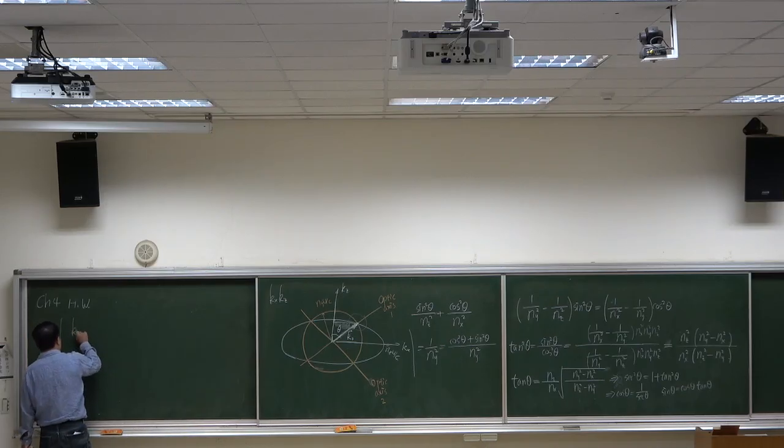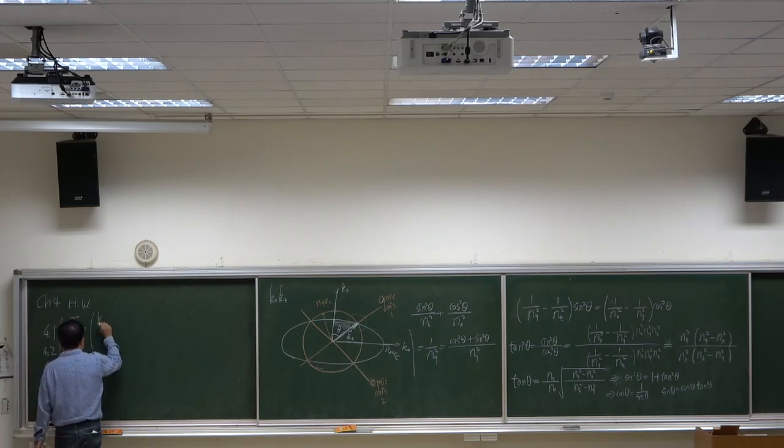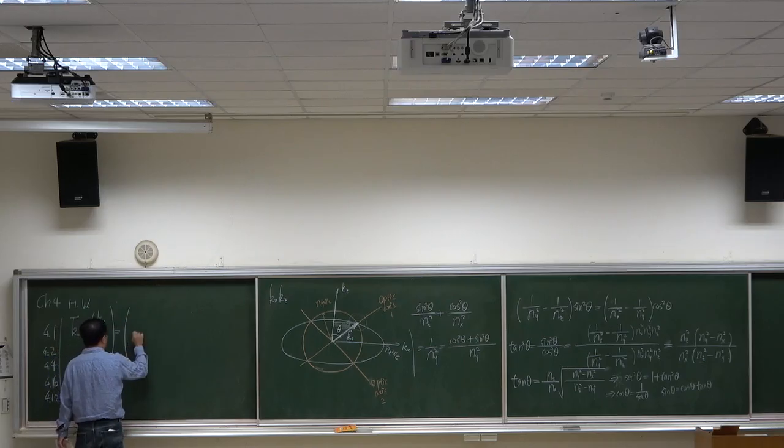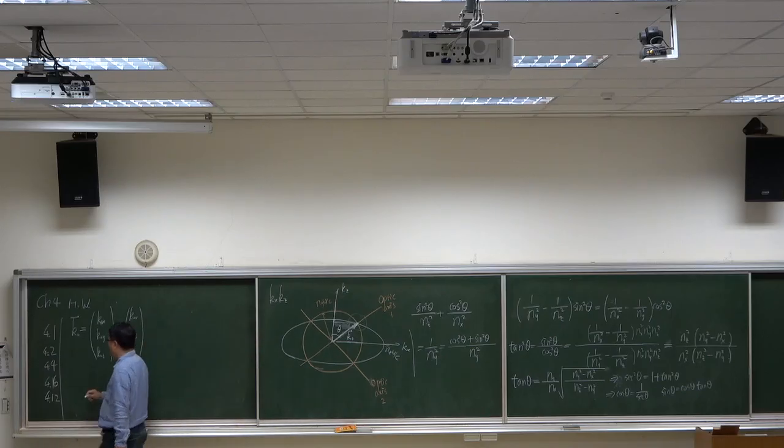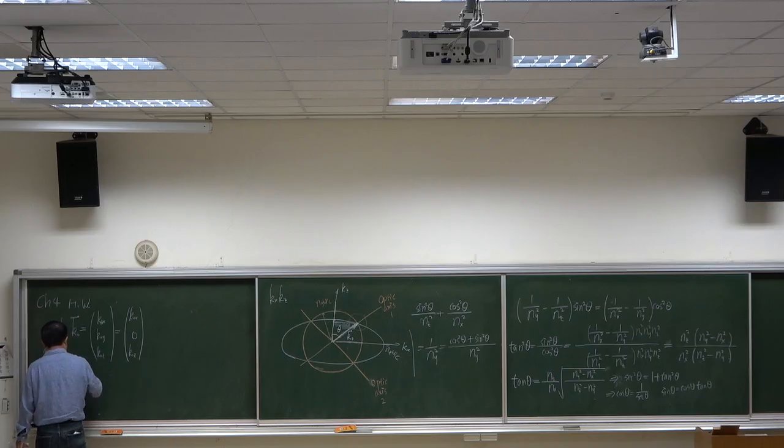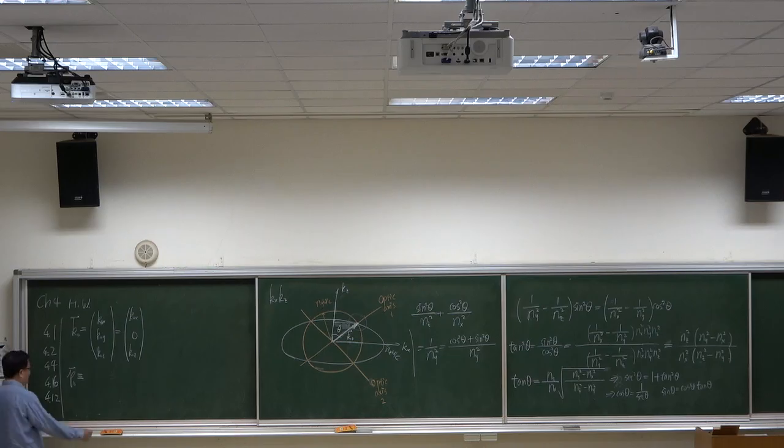First, we know that K0 is written as K0x, K0y, and K0z. And we know that K0y is in fact equal to 0. So K0x, K0z. Okay. And now I define P0.